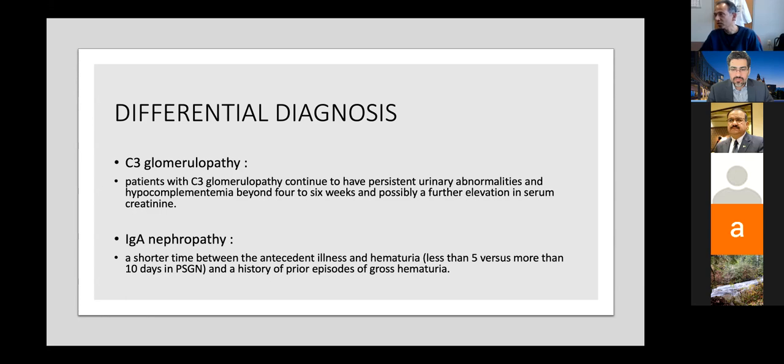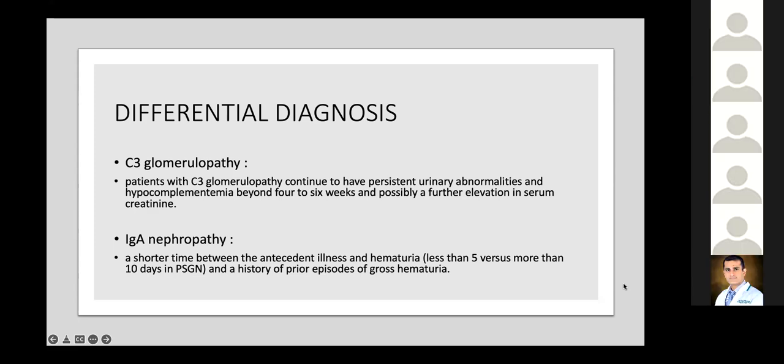So how do you differentiate? Clinically, post-streptococcus glomerulonephritis, typically, not always, is a short-lived disease. It recovers most of the time after a few weeks. While if you have C3 glomerulopathy, it persists beyond 6 weeks, and until the patient gets proper treatment, it will not improve most of the time.